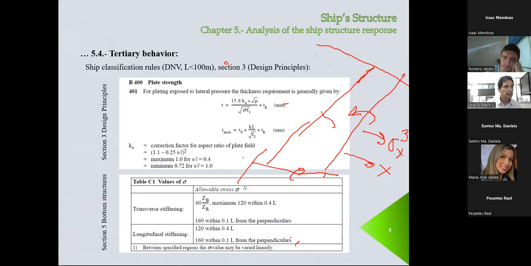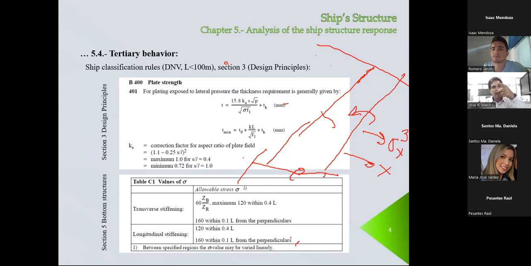Okay, so let's proceed. What happens if the stiffeners are parallel to the girders? We're going to do an example on that. The sigma y, not sigma x, is going to be more important in the tertiary case. Longitudinal is x, transverse is y.